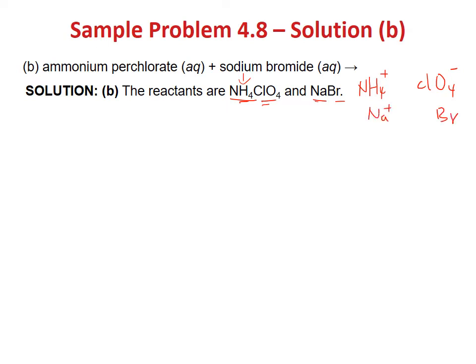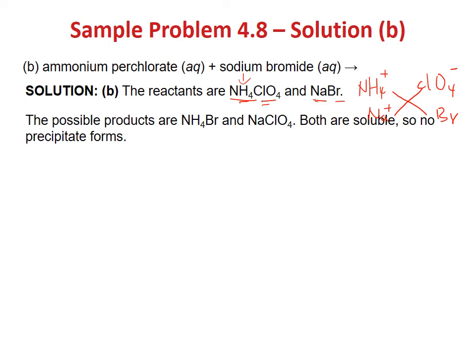and if this reaction takes place, they should exchange ions. So ammonium should combine with bromide, and the sodium with perchlorate. So here are the possible products: ammonium bromide and sodium perchlorate.